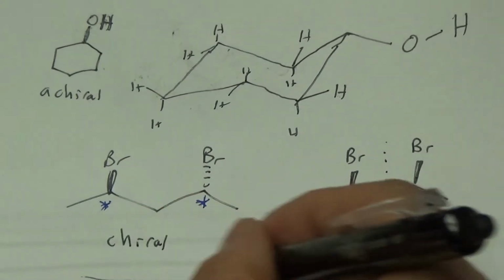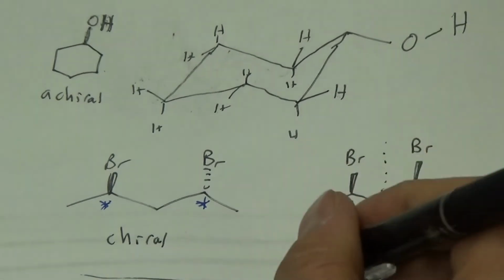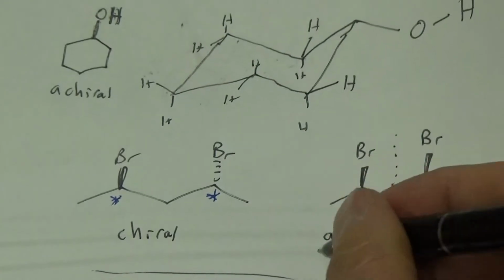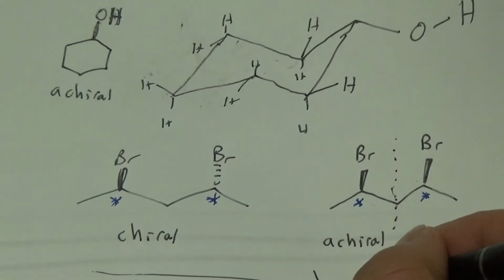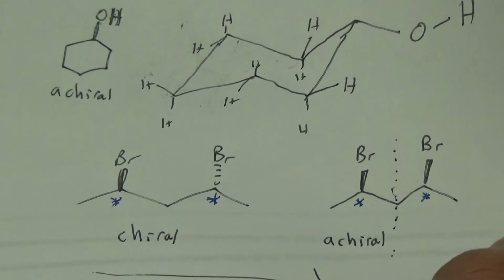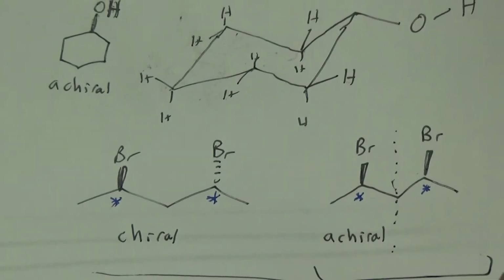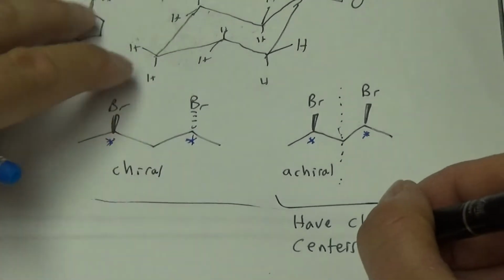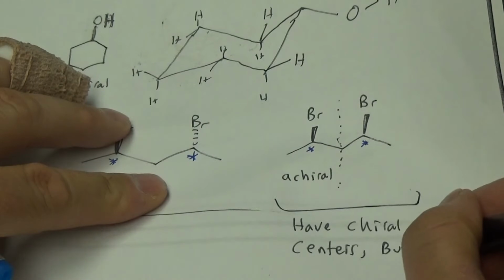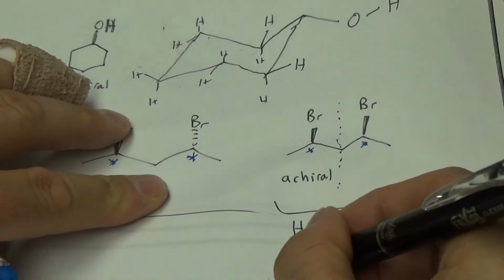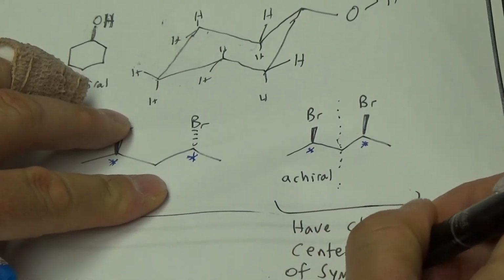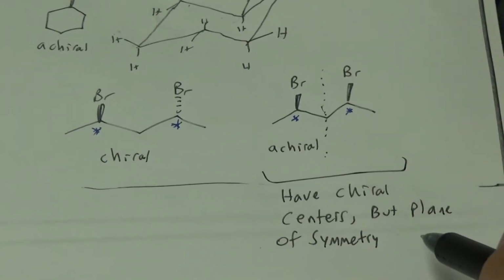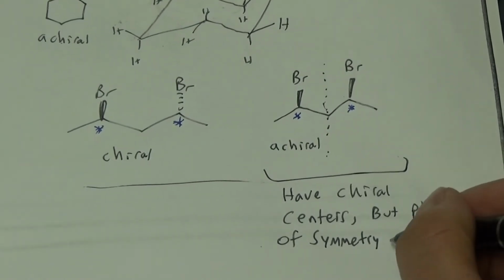Okay. And real quickly, I'm going to give this concept a name also. If you have chiral centers, which we do, but you also have a plane of symmetry, that makes it achiral.